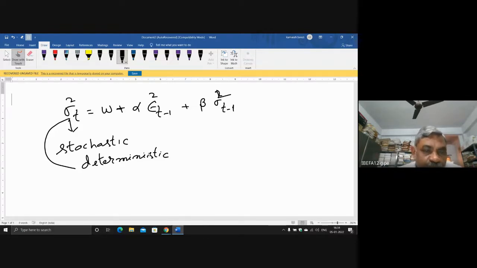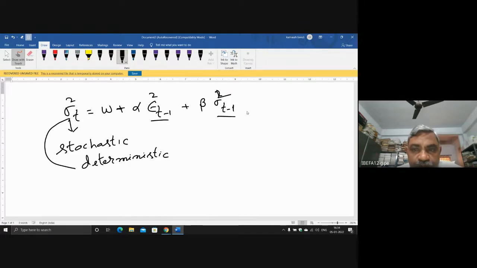Because there is no role for any stochastic element. There is no role for any random factor. How is sigma square t visualized here? It is purely visualized in terms of changes in sigma square t minus 1 in this case, and also the previous volatility, that is, epsilon square t minus 1, that is this and this.